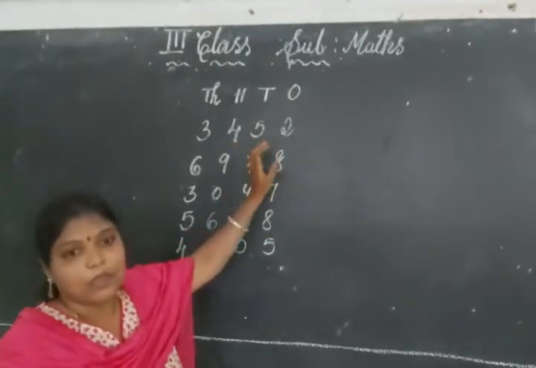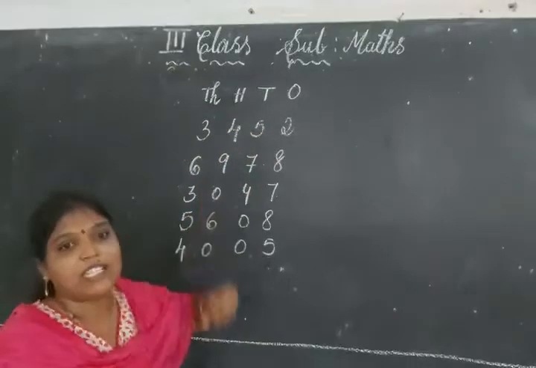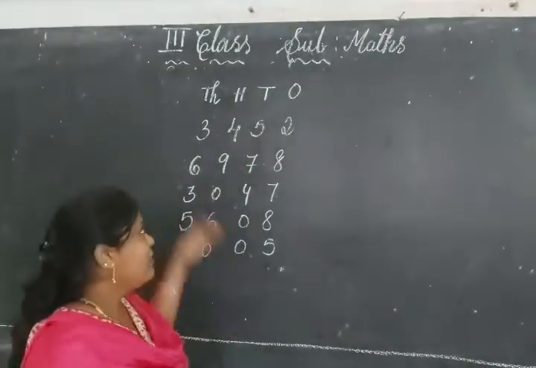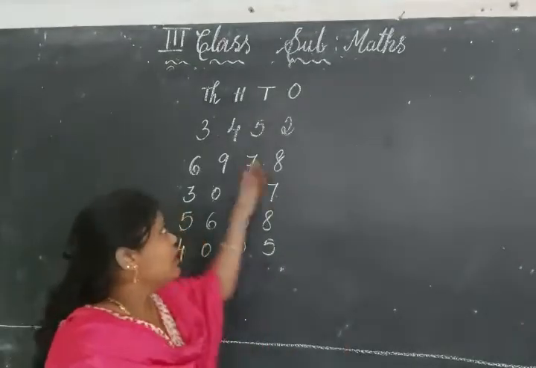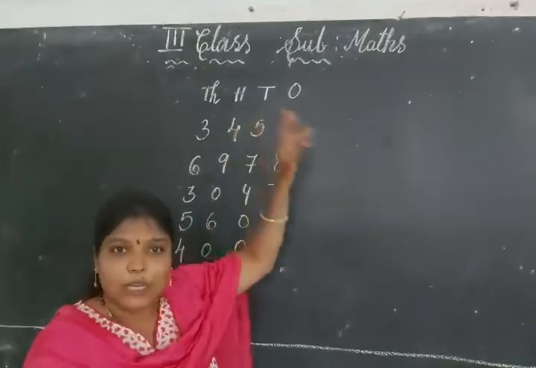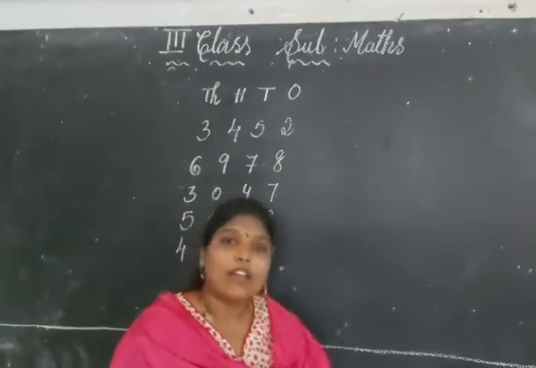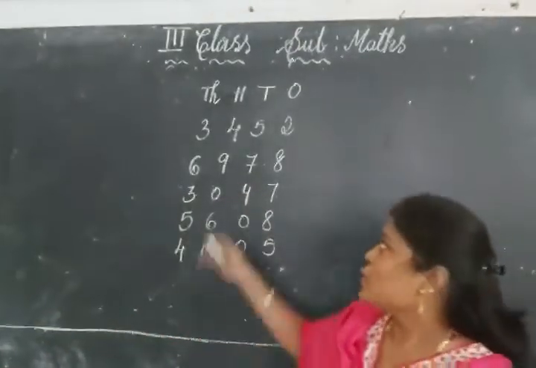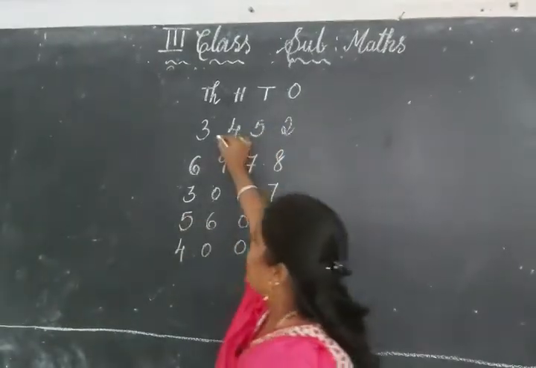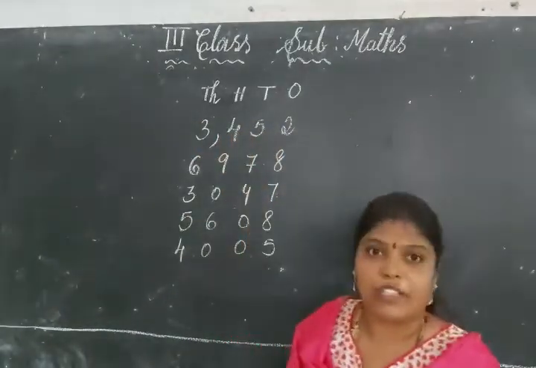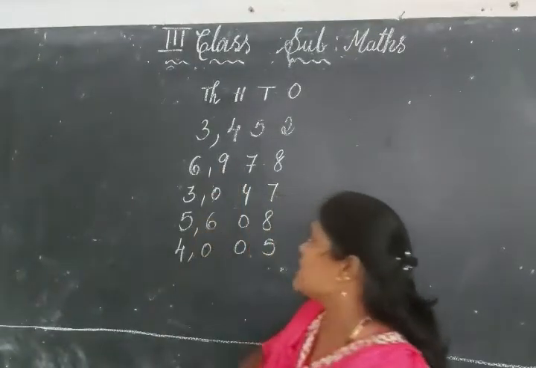While reading the number, we have to read ones, tens and hundreds place number together and thousands place number separately, because these three together are called ones period, thousands, 10,000s together called thousands period. So, to separate these two periods, we have to place a comma after hundreds place number. So, keep a comma after hundreds place number.